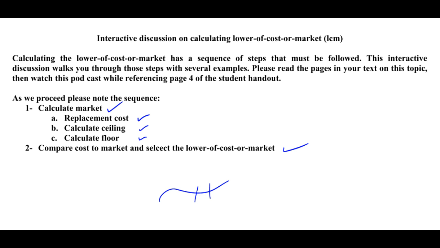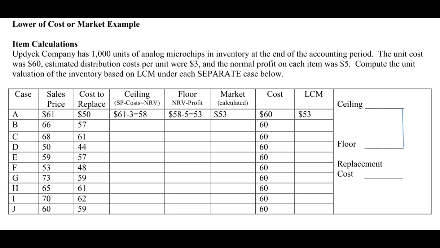So let's do that. Go to page 4 of your handout. On page 4, we're going to use an item calculation demonstrating a company called Updike. And just to make it more interesting, you can assume Updike has 1,000 units of these chips at the end of the counting period, and the unit cost for each chip is always going to be $60.